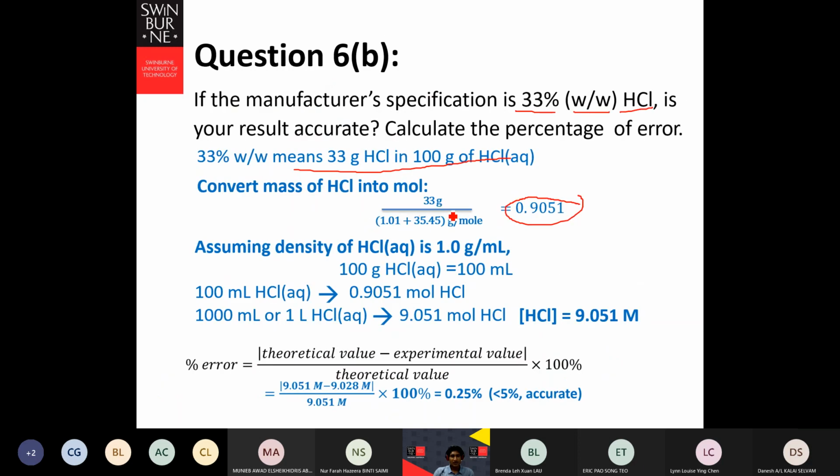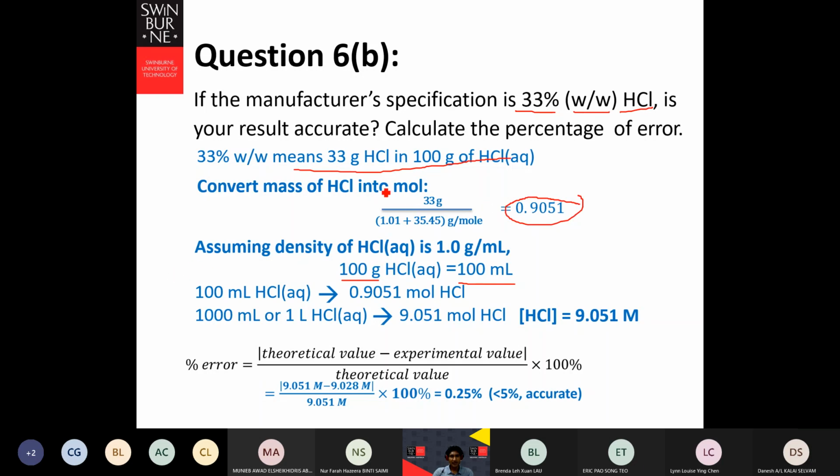So 0.9051, and assuming the density, we have to know the density to go from liter to gram, as we said before. So if 1 milliliter has 1 gram of weight, we understand that 100 grams will be 100 milliliters, right?